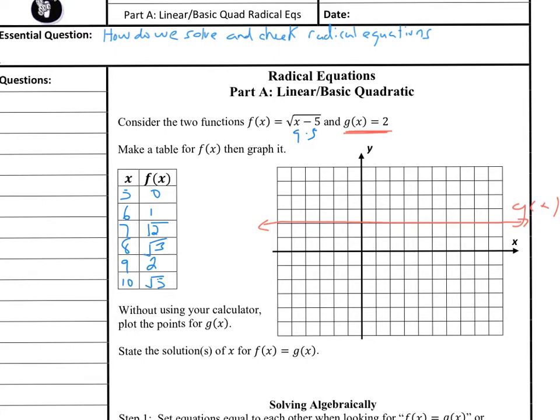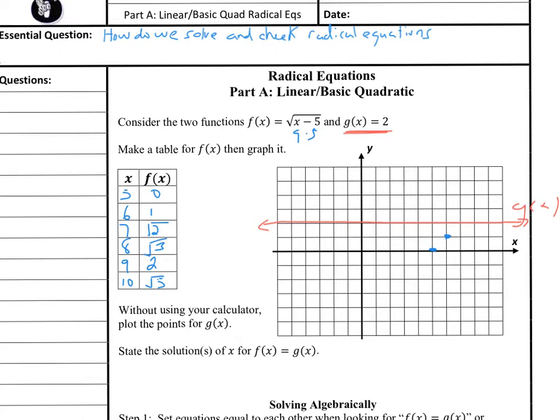So we'll start at 5, 0, count over 1, 2, 3, 4, 5. You should also know that it starts at 5, 0 simply because it's shifted to the right 5. So we start here, shift right 5. Okay, 6, 1 is another point on the line, so over 6, up 1. And 7, square root of 2 is really not going to be that easy to graph since I have a bunch of other good points.